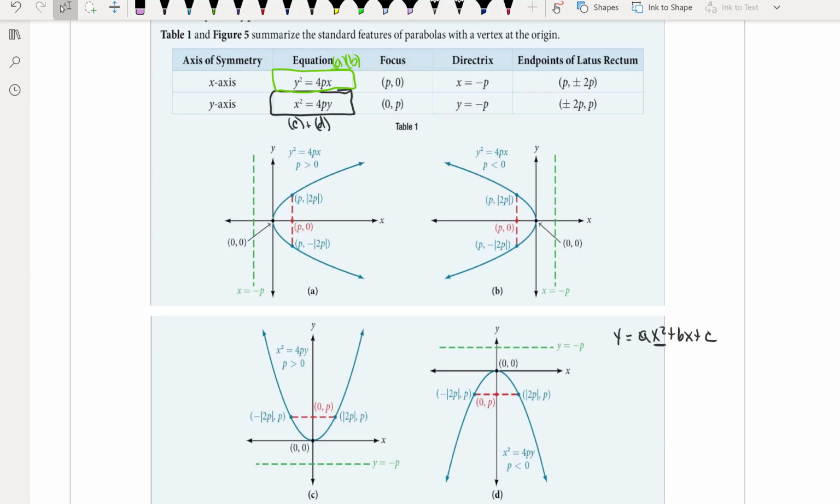Is it connected to the y or is it connected to the x? That will tell you whether it's going to be opening up and down or left and right, okay? And this is how we would get this information algebraically if we don't have a graph. So we need to find the directrix, the foci, the endpoints, and the axis of symmetry. It's all going to come down to understanding this chart, okay?